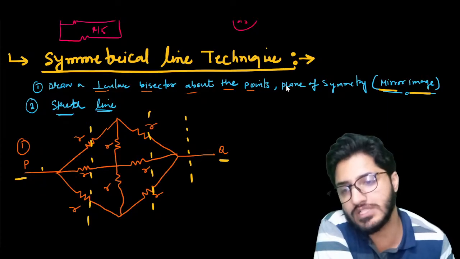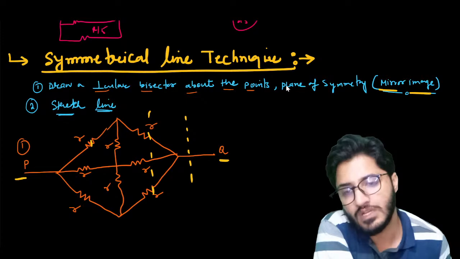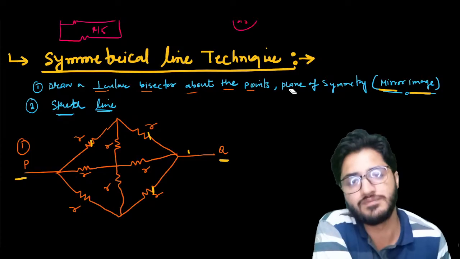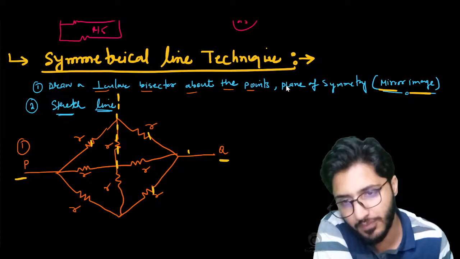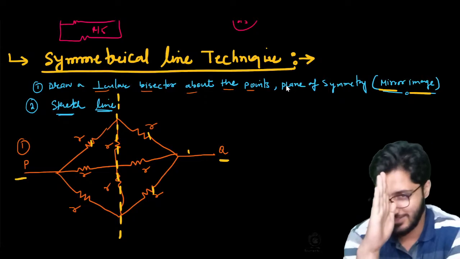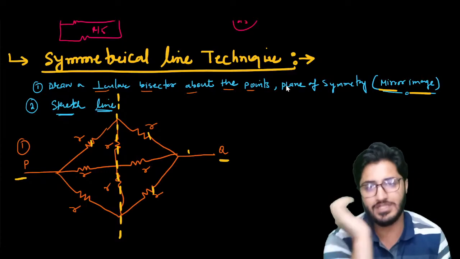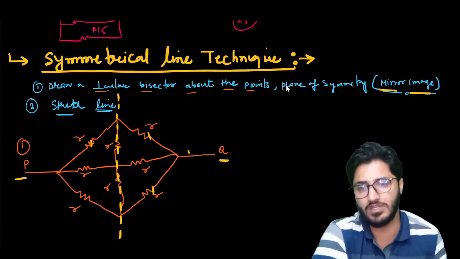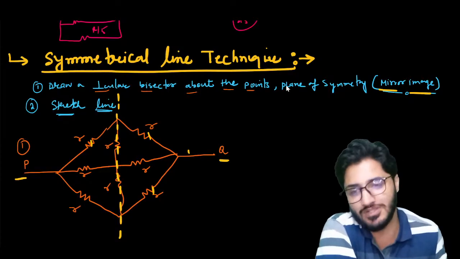So how do we cut it into a mirror image? Look, I will show you. If we cut it from the middle, from this particular point, you can see that this portion and the left one become mirror images of one another.